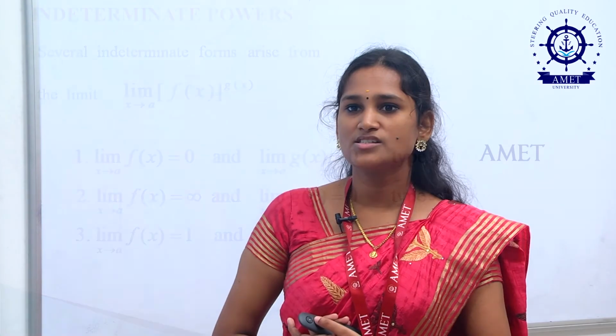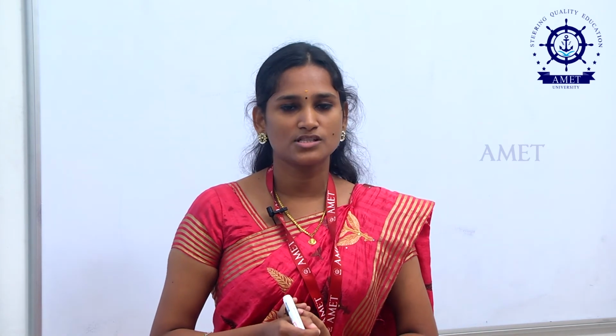This function can be reduced to the form 0 into infinity. As you already know, 0 into infinity form can be reduced to the form 0 by 0 or infinity by infinity. So a product of two functions can be rewritten in the form f of x divided by 1 by g of x.